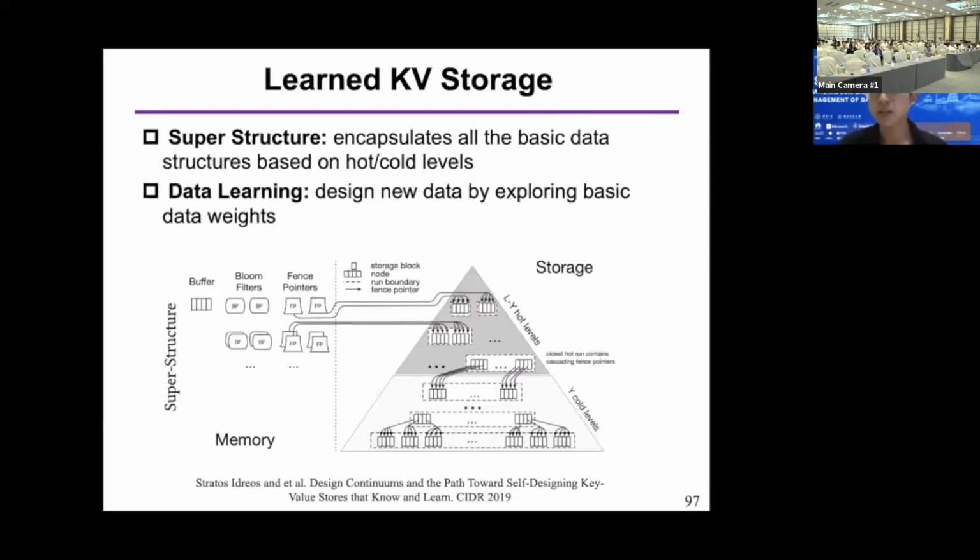They define the design space as all the designs that can be described by fundamental design components, such as fence pointers, links, and temporal partitioning. And a design continuum is a subspace of the design space, which connects more than one design.